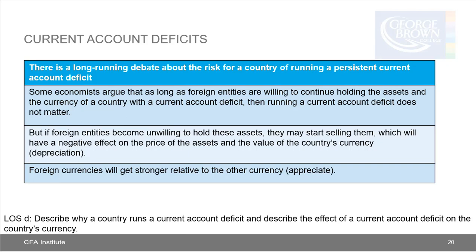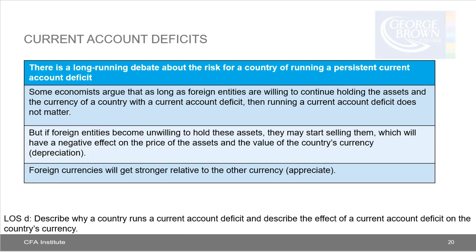But what if foreign entities become unwilling to hold the assets and the currency of the country running a current account deficit? Consider the example of the country running the largest current account deficit, the United States. Other countries hold U.S. dollars, and they can be held as bank deposits in the United States, or they can be invested. But if other countries decide that they want to reduce their exposure to the United States, they may start selling U.S. assets, which will have a negative effect on the price of these assets.